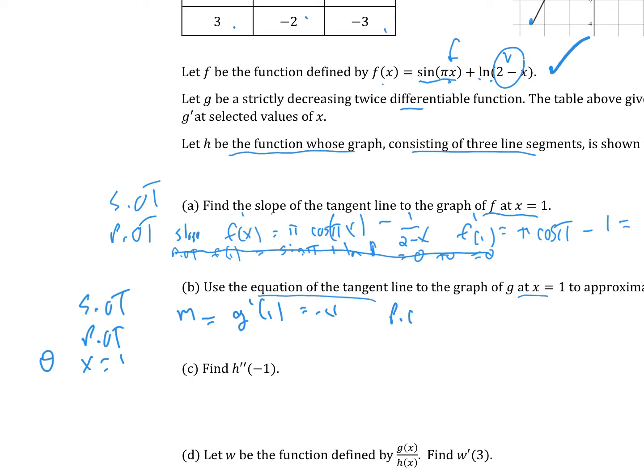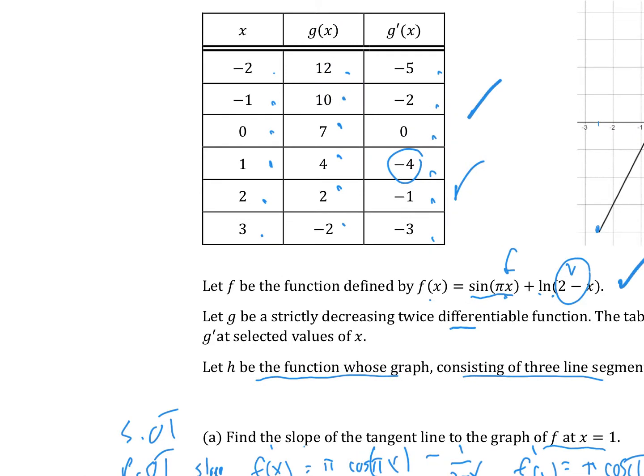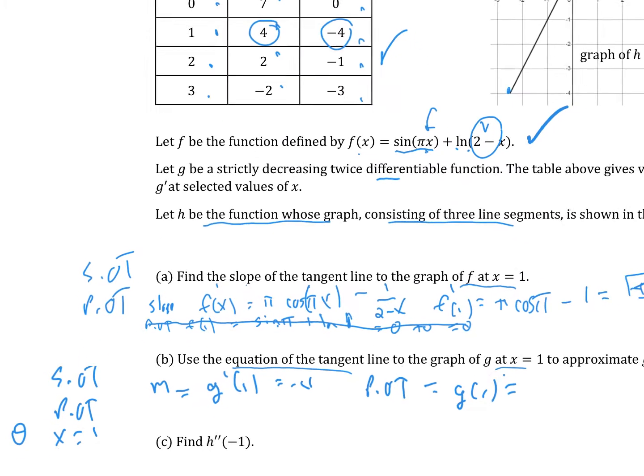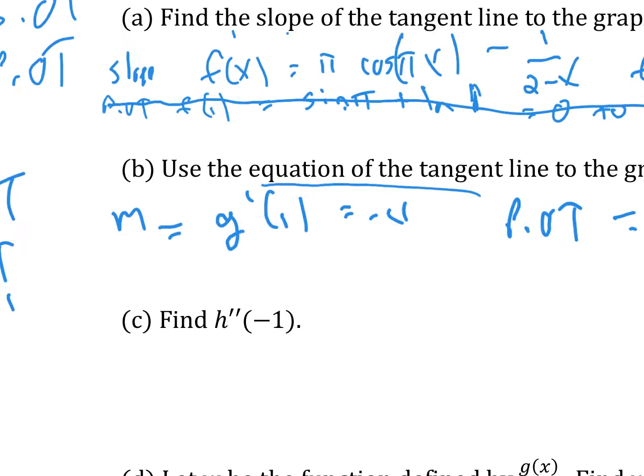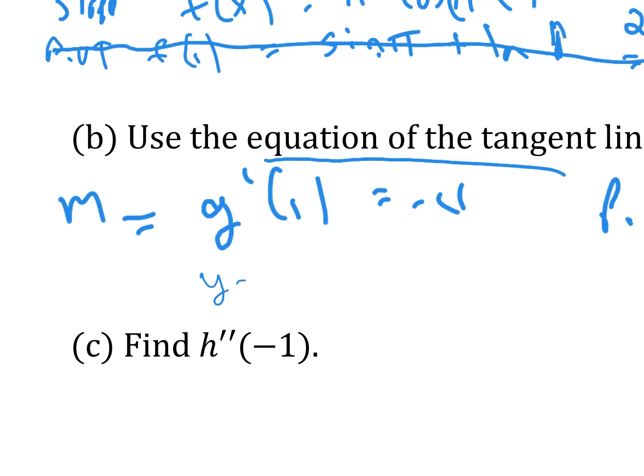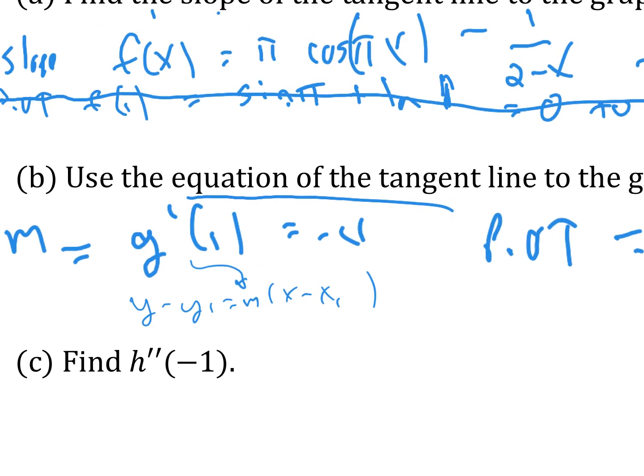And the point of tangency, when x is 1, would be g of 1. I go up to the table, g of 1 is 4. So then my equation of a tangent line is always y minus y1 equals the slope times x minus x1. Mind you, g prime of 1 is your slope. Your point of tangency is right here.